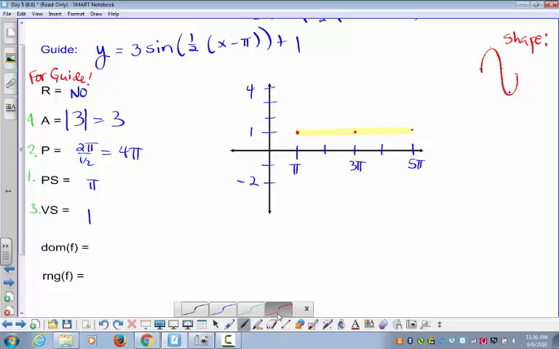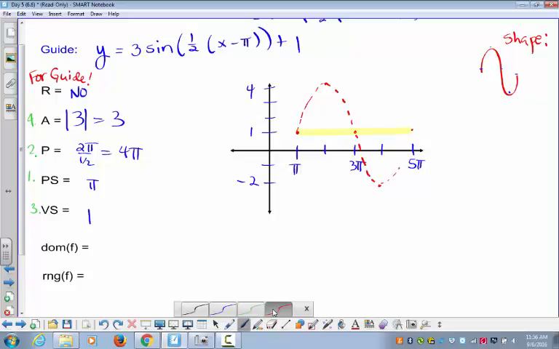And does anything change for the 2 midpoints? No, because there's no reflection. So at this midpoint over here, we're going to be up at 4, and this one we're going to be down at -2. And we're going to graph this one with dashes or dots or whatever.